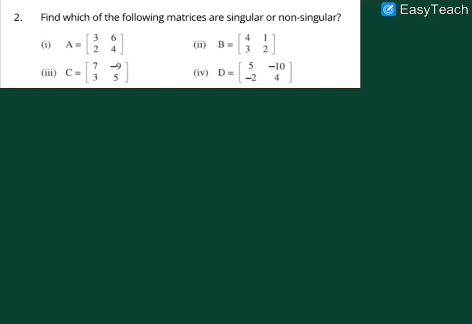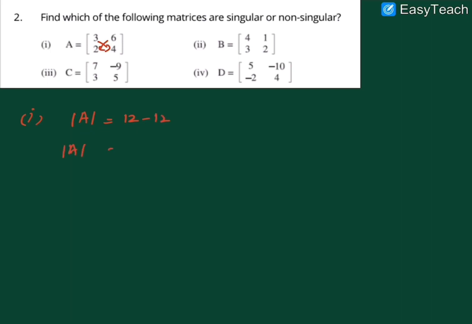In question number 2, he's saying find which of the following matrices are singular and non-singular. So what is the condition to find singular, non-singular? We need to find its determinant. First one, A determinant is equal to 4 times 3, 12, minus 6 times 2 is 12.